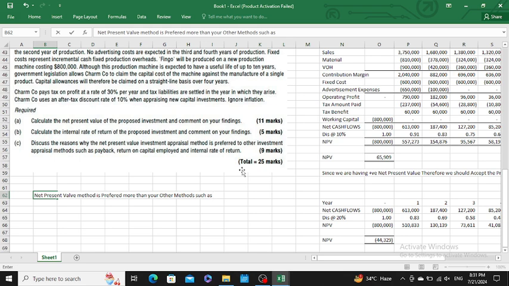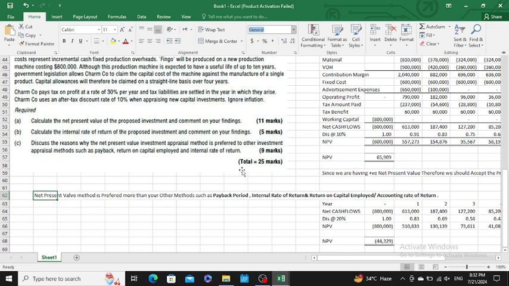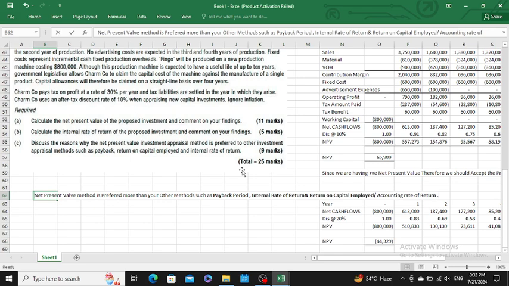return on capital employed, and internal rate of return. The question asked why your net present value method is preferred more than your other methods, such as your payback period, and your accounting rate of return, which is also known as return on capital employed.